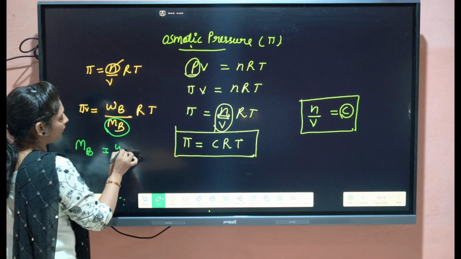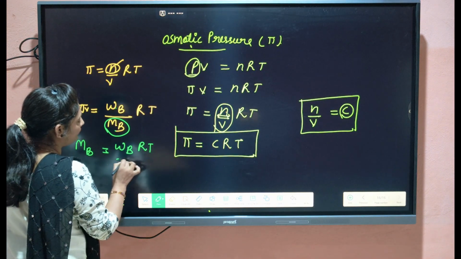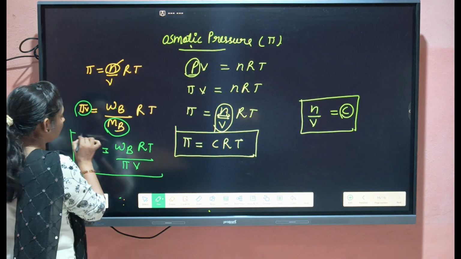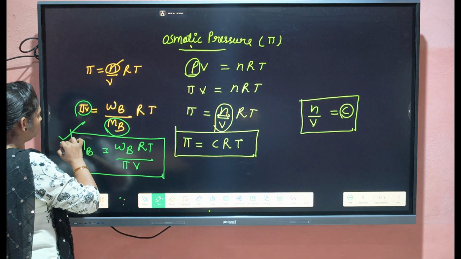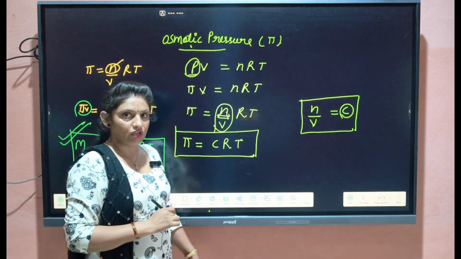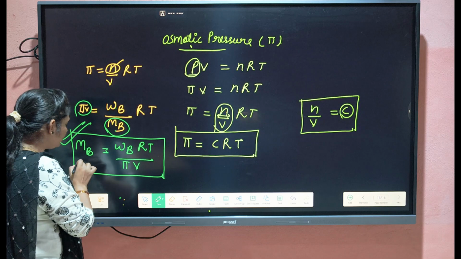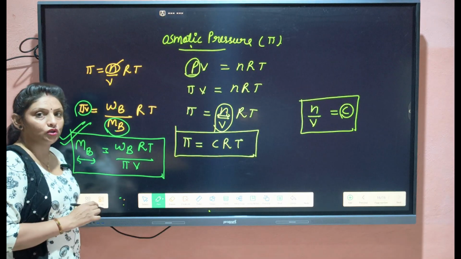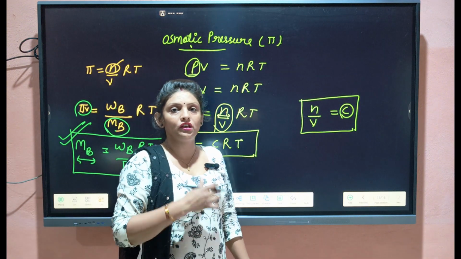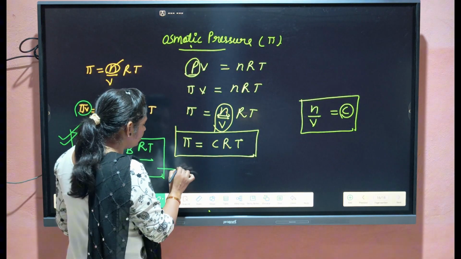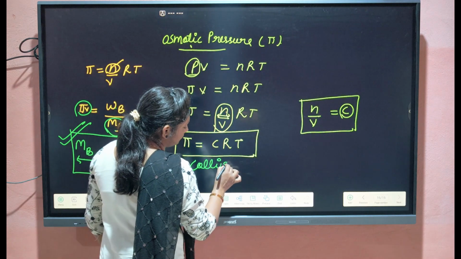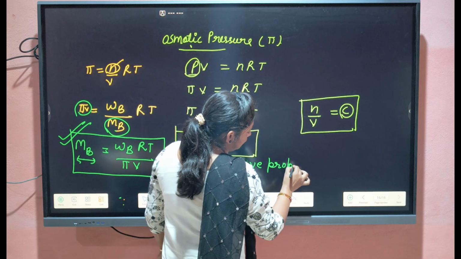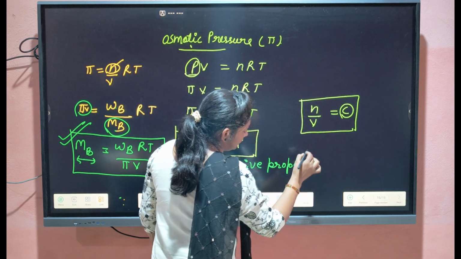MB is equal to WB RT by pi V, taking pi V to the opposite side. So this is the formula for calculating the molecular mass of the solute. Again we can calculate mass of the solute here. So this property also depends only on the number of solute particles and does not depend on the nature of the solute. So it is also a colligative property.